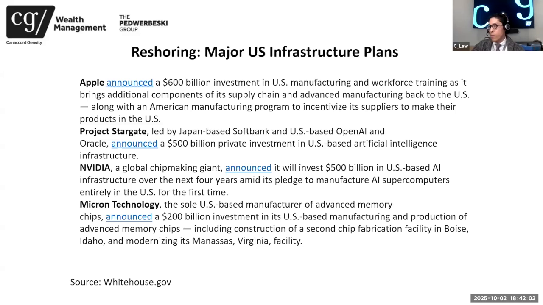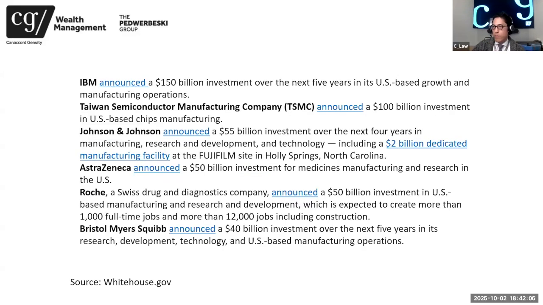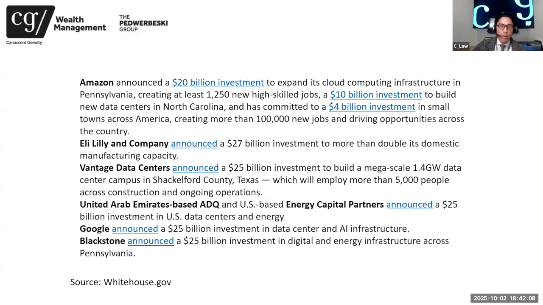Micron, advanced memory chips, $200 billion. The list just goes on. And even today, there was an agreement made with Pfizer for $70 million in terms of reshoring and manufacturing drugs on US soil. So we're seeing a lot of investments and reshoring happening right now in the US.